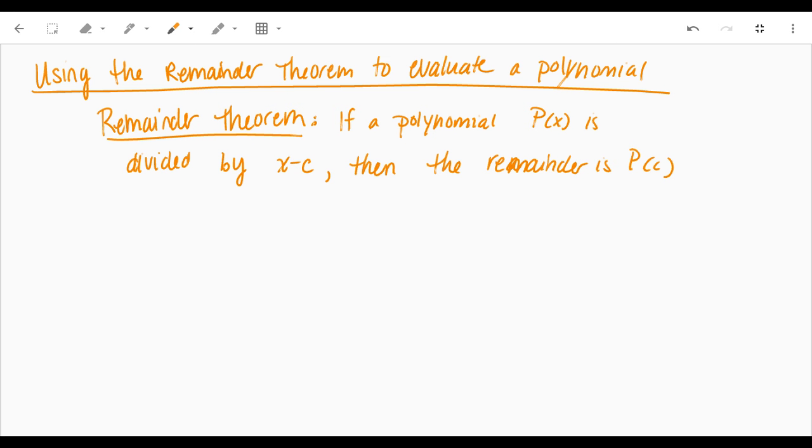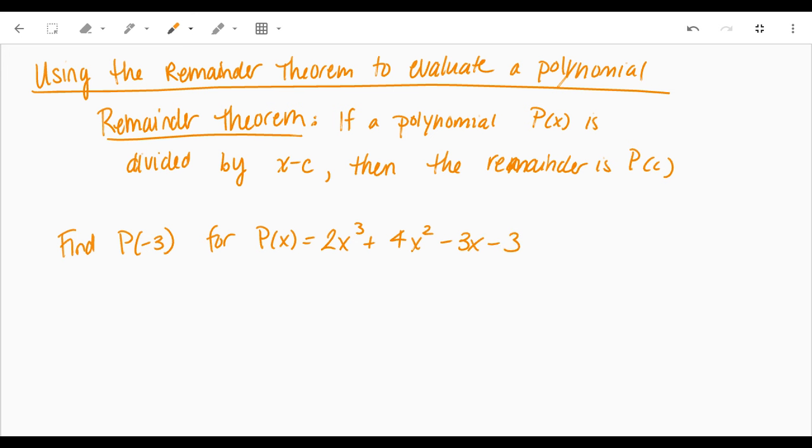So what they want you to do here is use the remainder theorem to find P of negative 3 for P of x is 2x cubed plus 4x squared minus 3x minus 3.